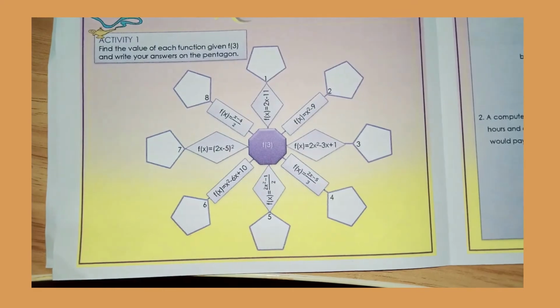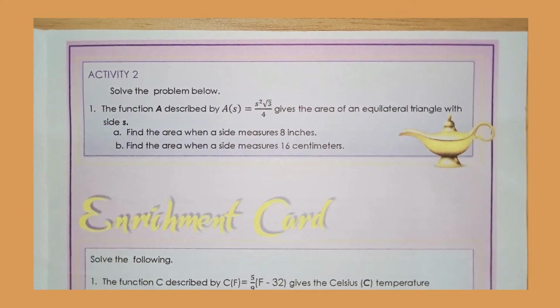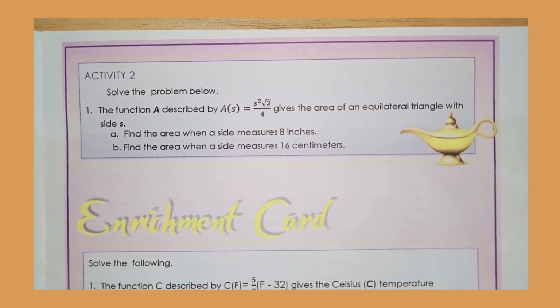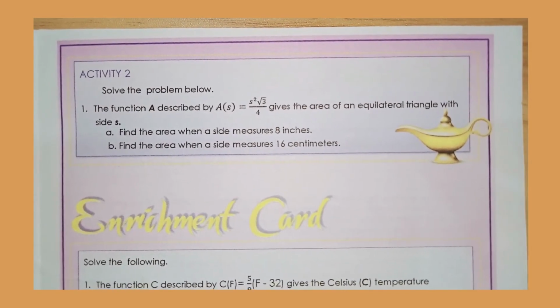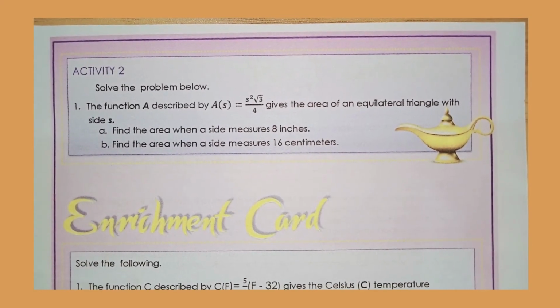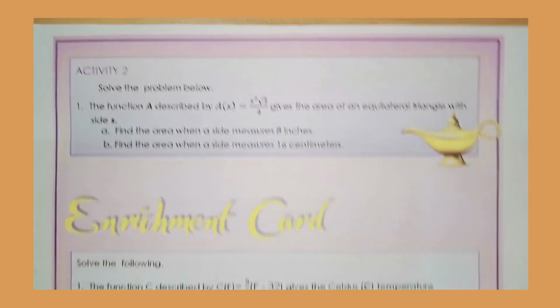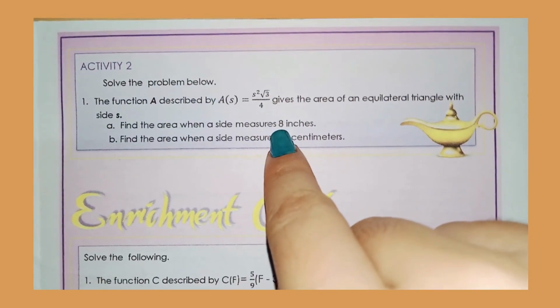For activity number 2, you need to copy all, and then, syempre, show your solution for letter A and for letter B. So, ano yung pinapalitan dito? Pinapalitan yung S. For letter A, yung S papalitan ng 8.